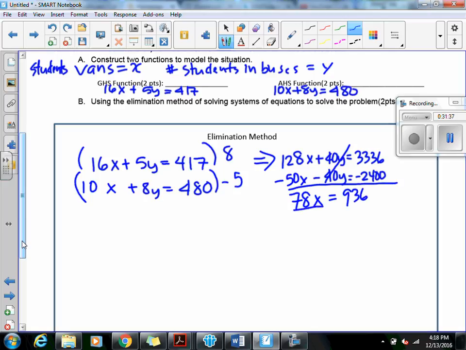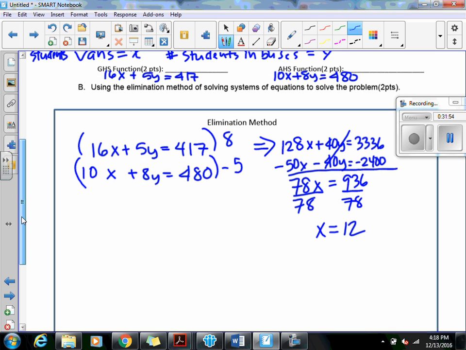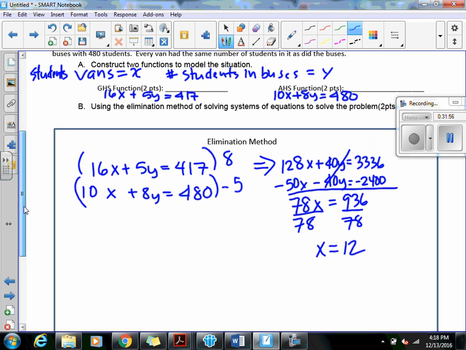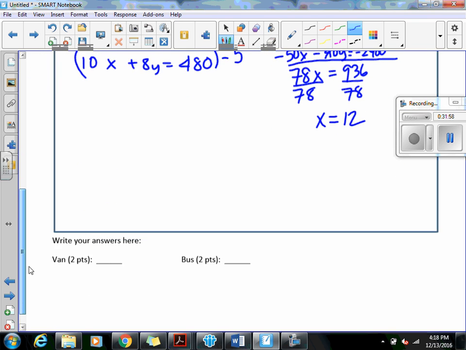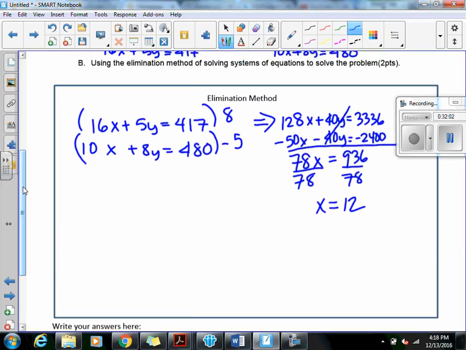And I'm thinking that when I divide both sides by 78, I'm going to get a nice whole number. Bam, I get x equals 12. So that represents how many students were in the bands. Okay, so that's 12. But then I have to come back and I need to find y.